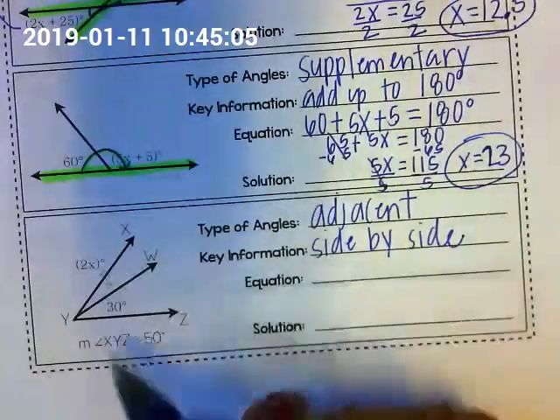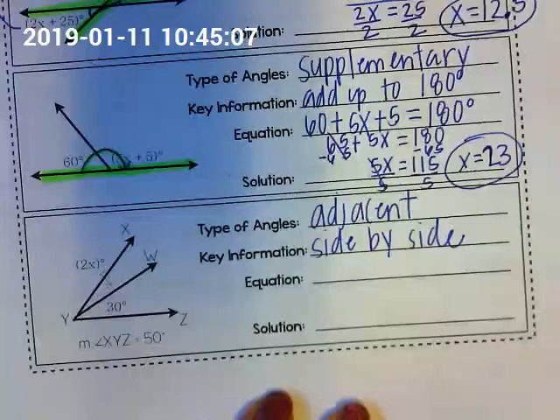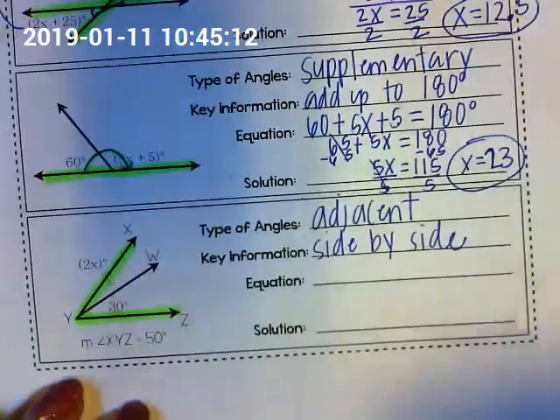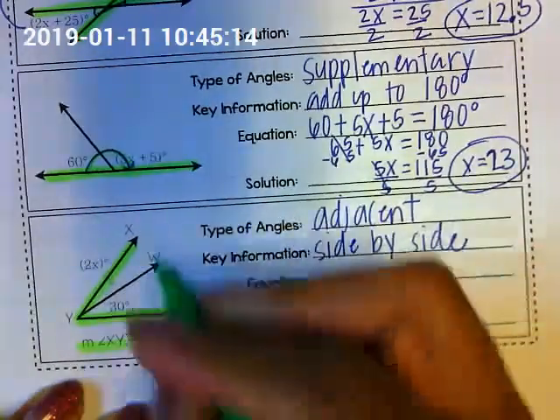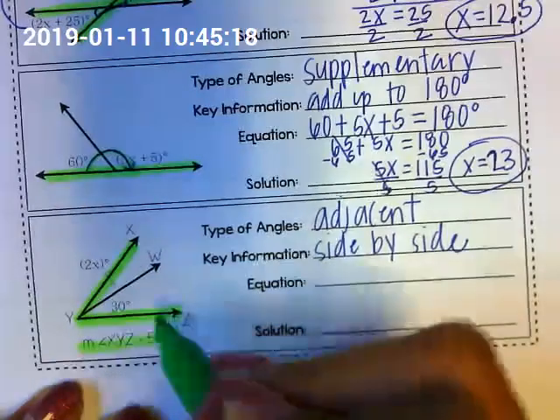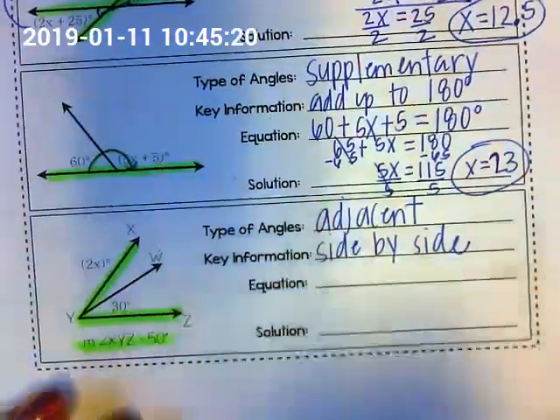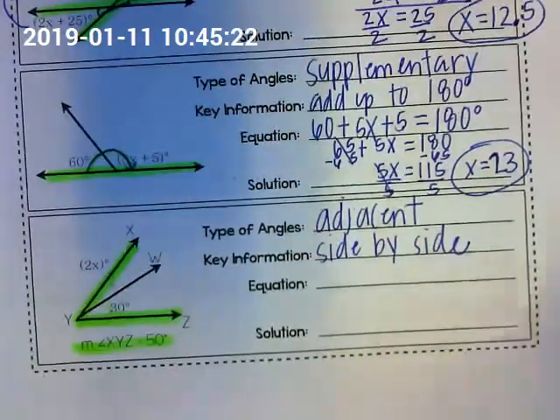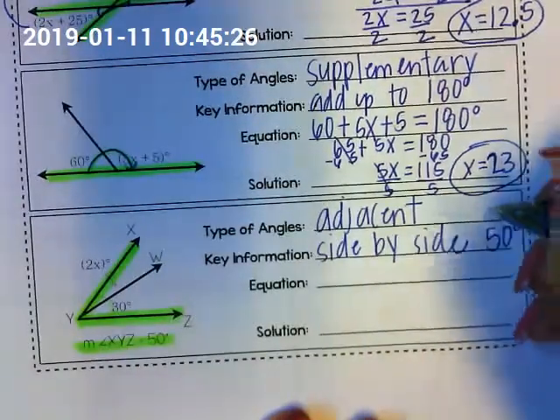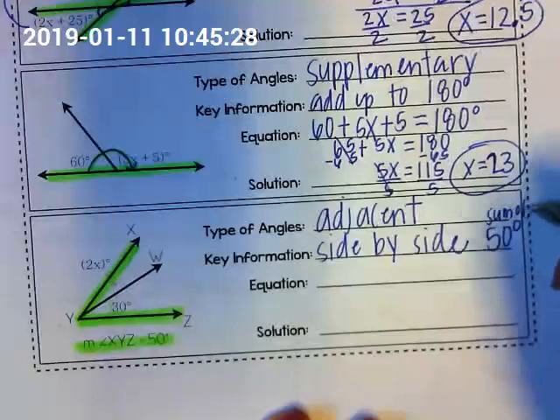Now we know these are side by side, but what are these angles supposed to add up to? They tell us here 50 degrees. Angle XYZ adds up to 50 degrees. So I'm going to also write that in the key information: sum of 50 degrees.